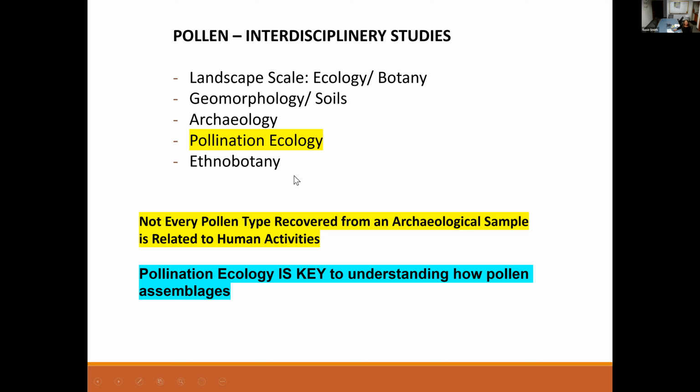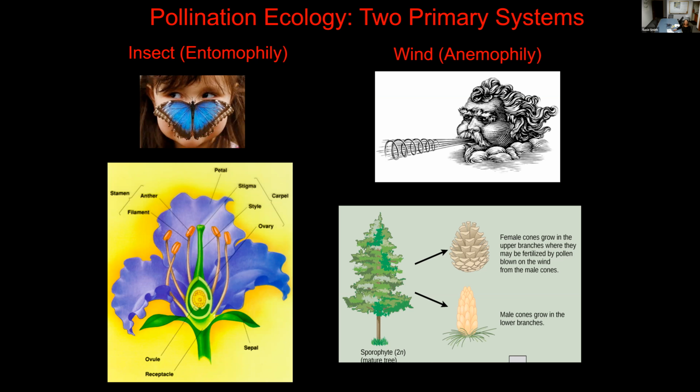So I'm going to introduce this idea of pollination ecology, and you all are probably familiar with a lot of the fantastic adaptations in flowers, but this is going to be from the pollen grain perspective. There are two main pollination systems in the plant world: insect, or entomophily, and wind, or anemophily.